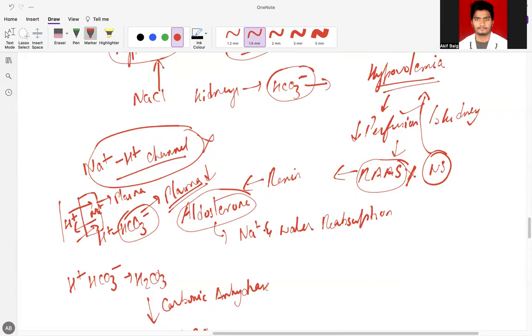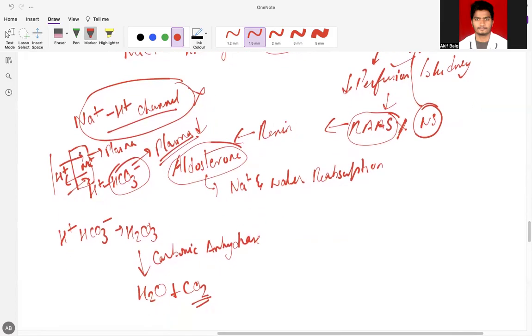Since it becomes ineffective, H plus will remain inside the cell and is not going into the lumen. So all the bicarbonate which is present inside the tubular lumen will get excreted or eliminated. Thus, suppose there is alkalosis, this alkalosis will get corrected by this bicarbonate.